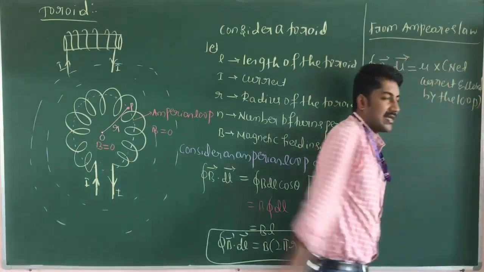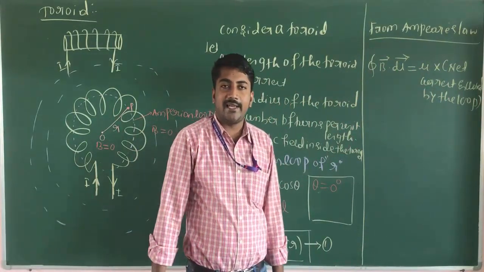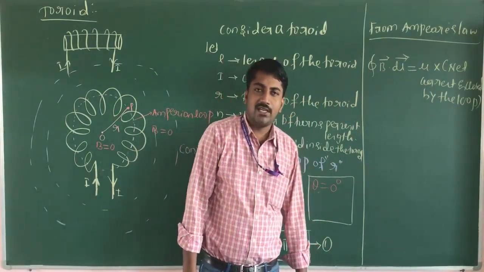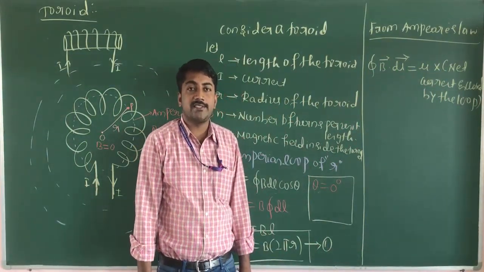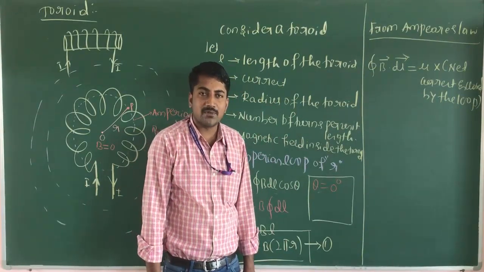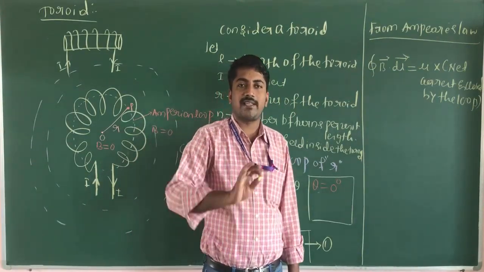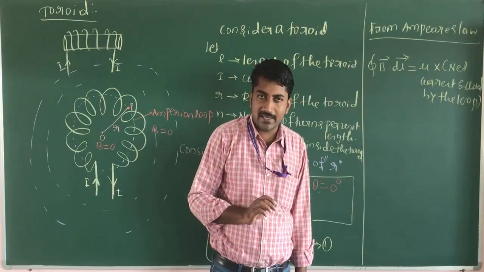This is Ampere's circuit law. The line integral of the magnetic field around any closed path is equal to mu naught times the net current enclosed by that closed path. This is the statement of Ampere's circuit law.